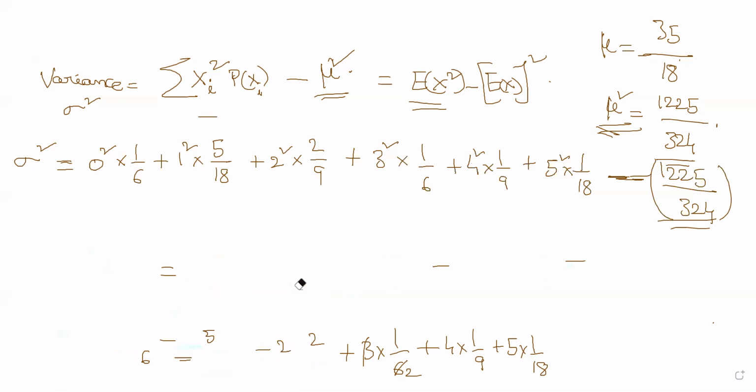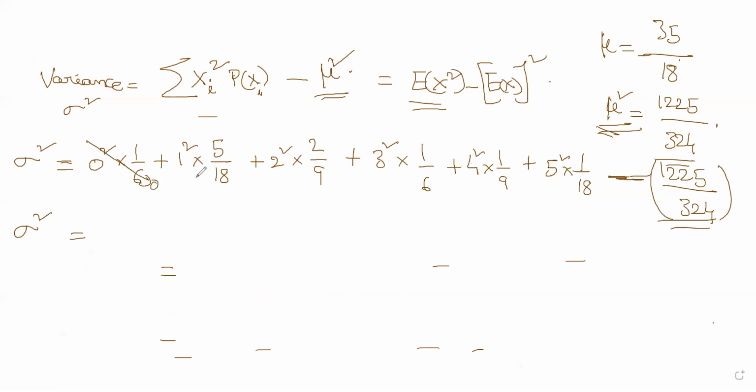So let's solve it slowly. This first part is 0 anyway, so don't have to worry about the first one. 1 square into 5 by 18, keep it as is, plus 2 square is 4, 4 into 2 by 9 is 8 by 9.